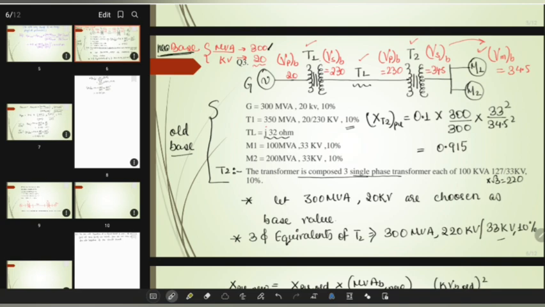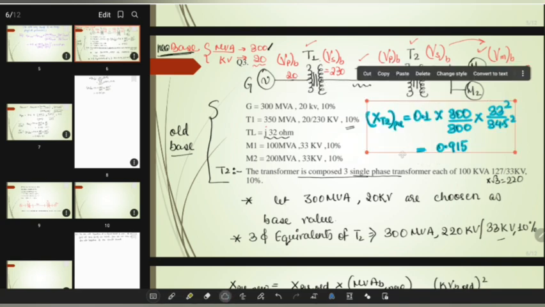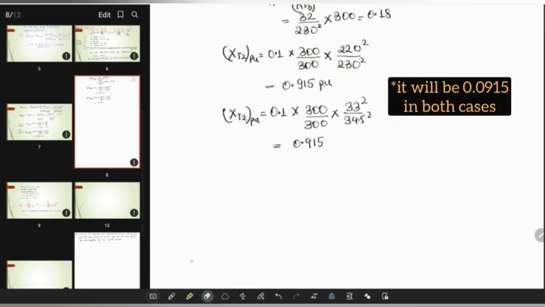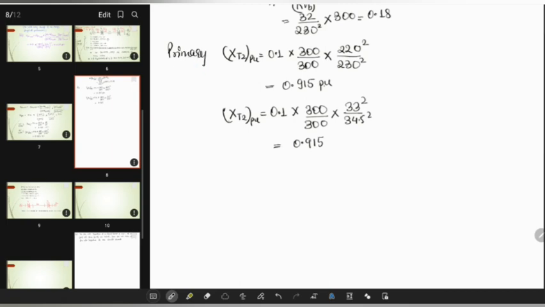Okay, so you will get the same result. This is for primary side. This is for secondary side.